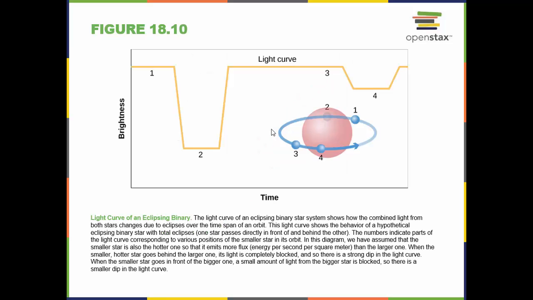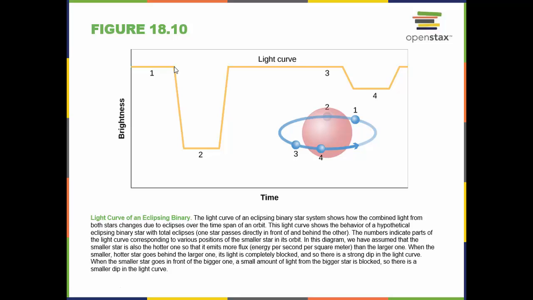By the way, if we do have light curves on an eclipsing binary, what we could also do is look at the brightness as we observe it. So if we look at point 1, we'll be getting all of the light from both the stars, and we'll end up with this maximum brightness here.